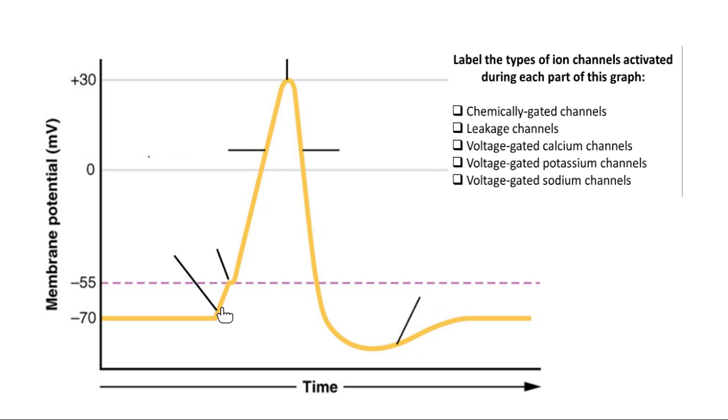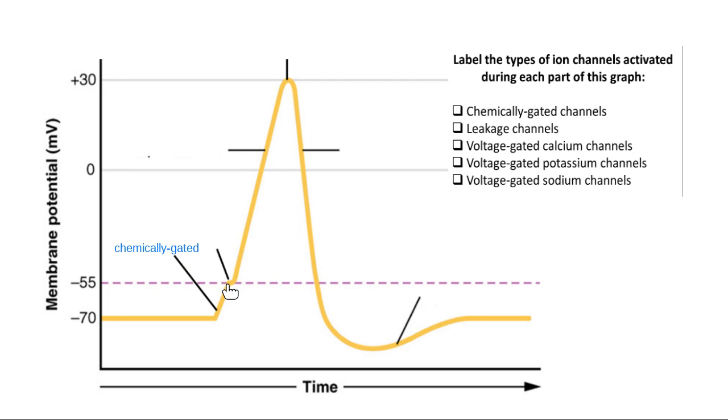Which kind of channels are opened by neurotransmitters? Which kind of gate is open with neurotransmitters? Yeah, it's those chemical gates. Down here below threshold, we have chemically gated channels, meaning the right chemical is going to open up my gate.